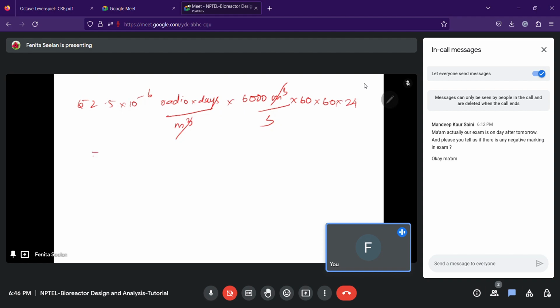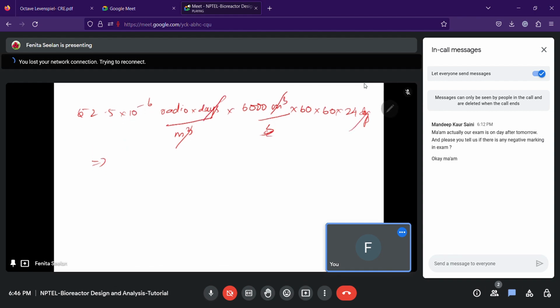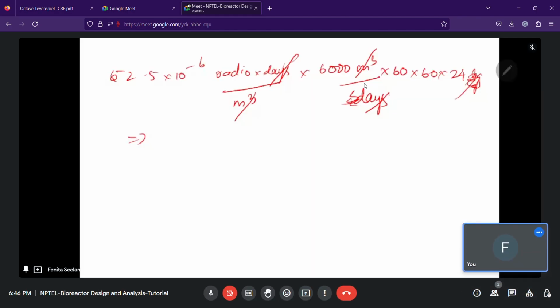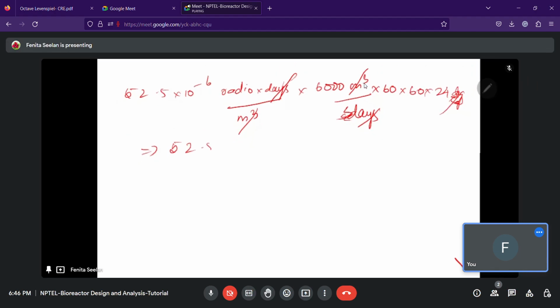If you do that, your answer will be 52.5 into 10 power of minus 6 into 518.4, which would be 27216 radioactivity. Okay, sorry for the trouble.